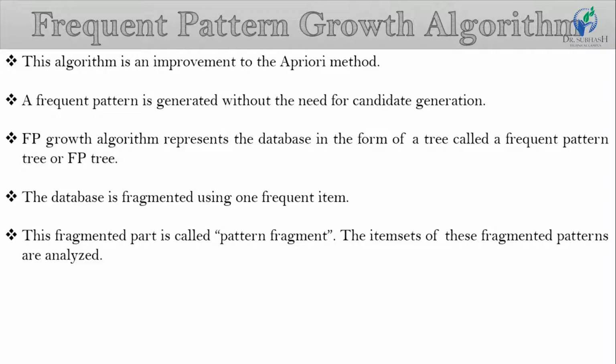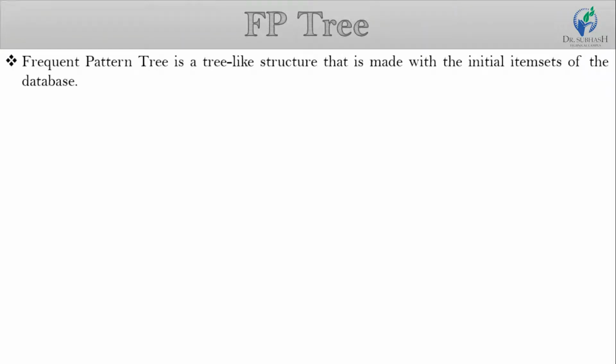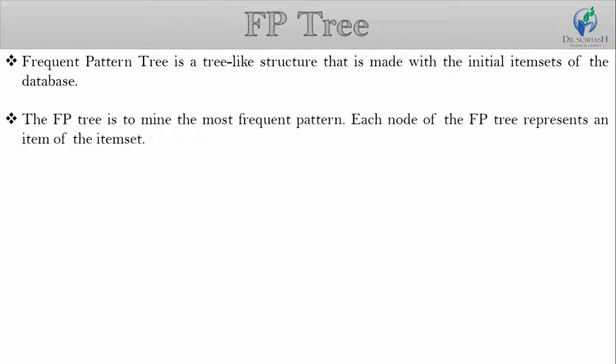Now, I explain about the FP tree. A frequent pattern tree is a tree-like structure that is made with the initial item set of the database. Second, the purpose of the FP tree is to mine the most frequent pattern.